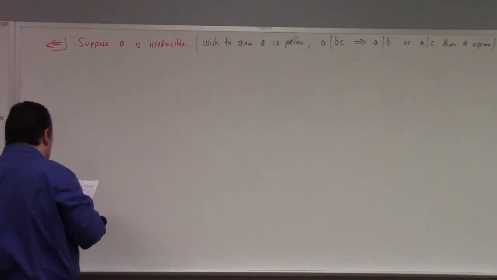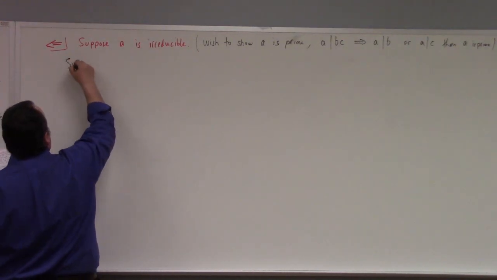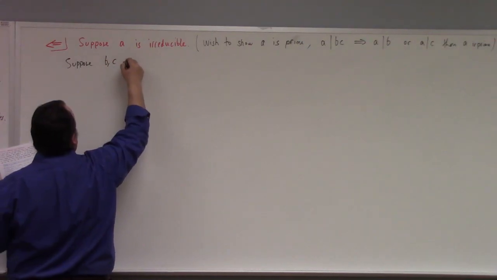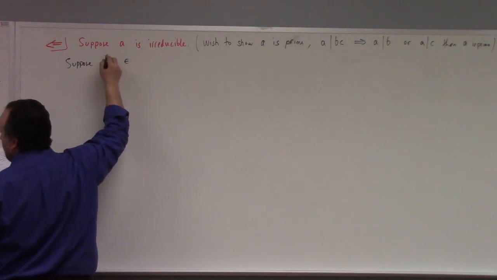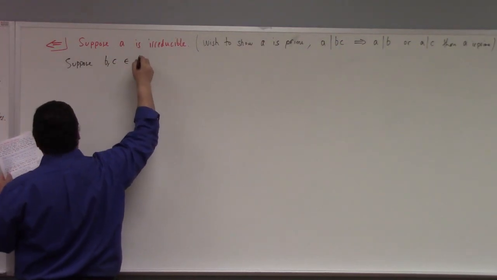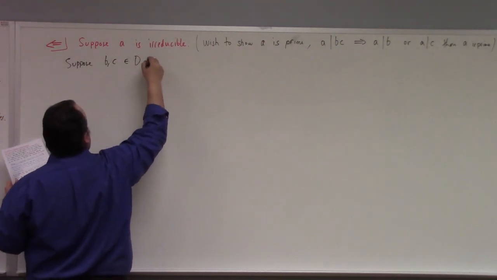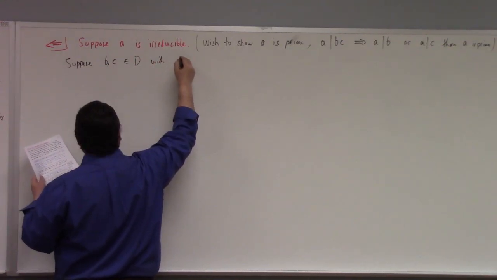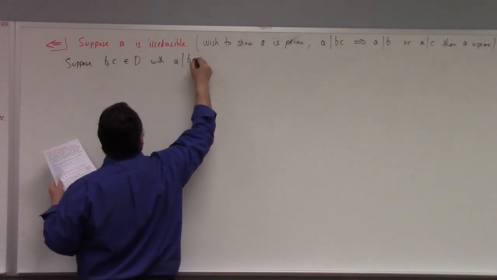So what we're going to do is suppose that B and C are in the PID, which I guess I'm going to call D here, with A dividing their product. All right?